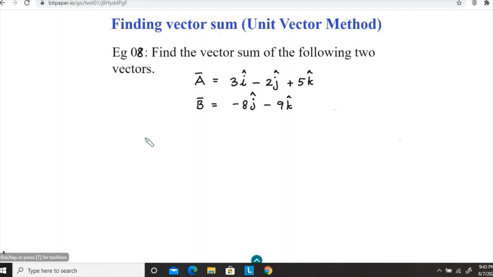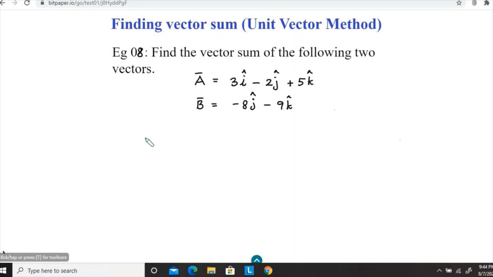Okay, let's try out example number 8. We need to find the vector sum, or the resultant vector, for these 2 vectors. The special thing about these 2 vectors is that they are expressed in terms of their unit vectors, i hat, j hat, and k hat. You can see A vector has i hat, j hat, and k hat components, but the B vector only has i hat and k hat components.